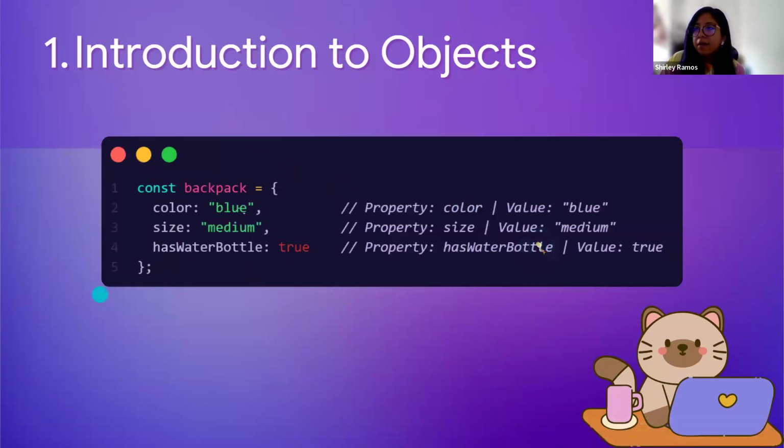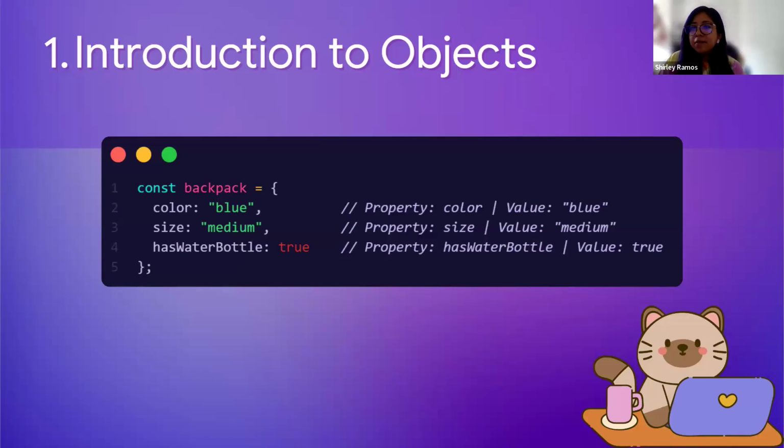Here I wanted to put a second example, easier for you. We can think that we have a backpack, and what we have inside the backpack, like the compartments, would be all the items that an object has, like color. In this case, the color will be the property, and blue will be the value.